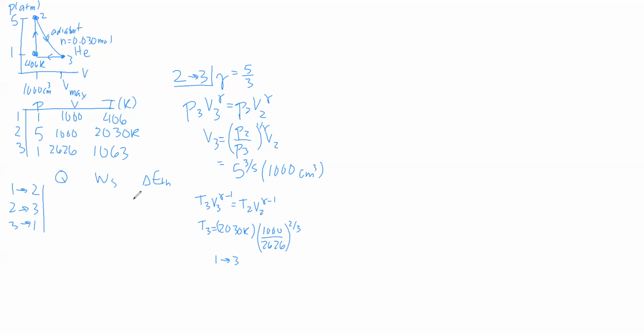If you know V3, that might actually give you some insight into how these two temperatures are related and how the volumes are related, because 2626 divided by 1,000 and 1,063 divided by 406, if you put that in your calculator real quick, I think you actually get 2.6.